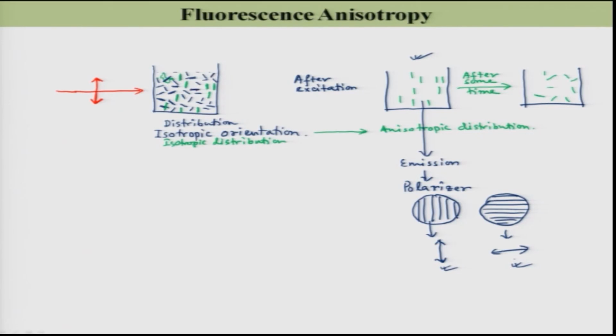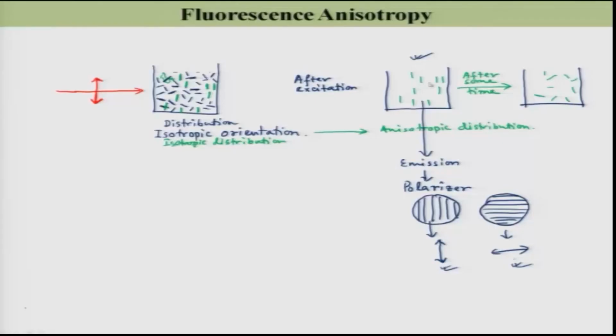It means that the fluorescence intensity in the vertical direction is more compared to the horizontal direction. Horizontal direction, vertical direction means the polarization of this fluorescence emitted light, right. So, the intensity along the vertical direction is more compared to the horizontal direction at the initial time, which means the system is anisotropic. Because the system is anisotropic, all the molecules are oriented like this way.